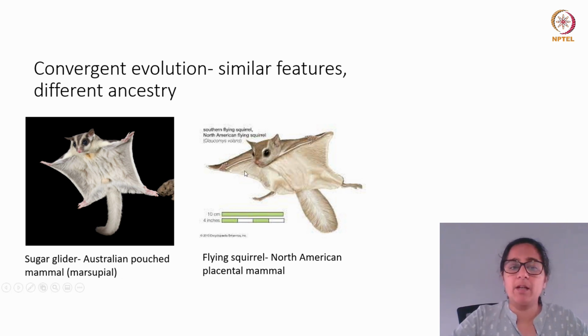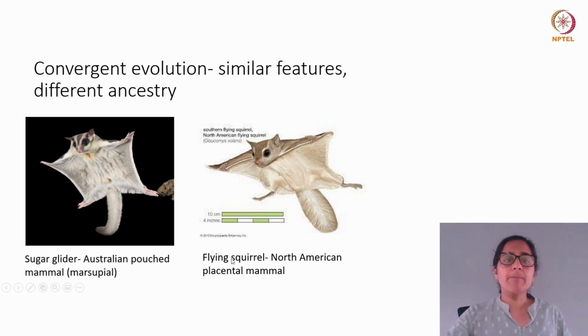A very similar mammal is a flying squirrel. This is a placental mammal found in North America, and these are flying squirrels. So outwardly the appearance is very similar, but they have different ancestry. Okay, so one is a marsupial or a pouched mammal, another is a placental mammal.